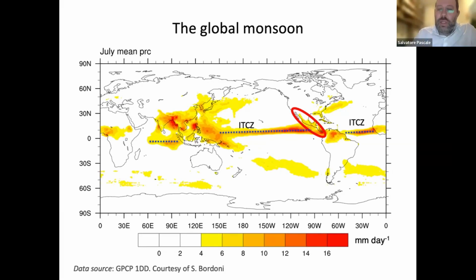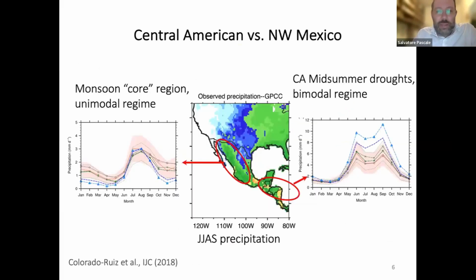So it mostly extends over quite a narrow strip of land, which is Central America and Mexico. So it's the smallest, and this, as we'll see, has been one of the main problems for models in simulating it. Often there is not a general agreement about what we define as the North American monsoon.